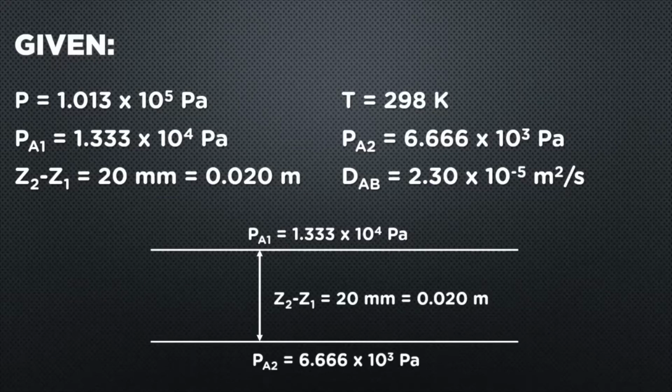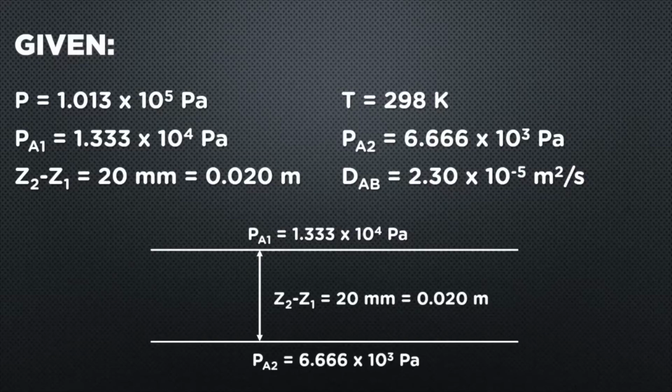And the distance of diffusion is 20 millimeters, which is also equal to 0.020 meters. Our temperature is 298 Kelvin, and the diffusivity coefficient of A diffusing into B is 2.30 times 10 raised to the power of negative 5 meters squared per second.